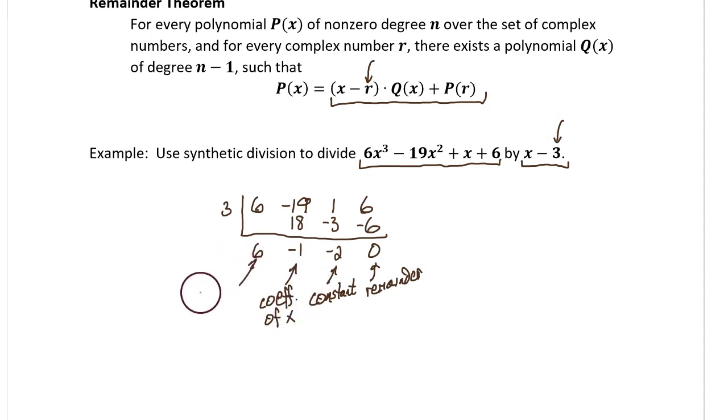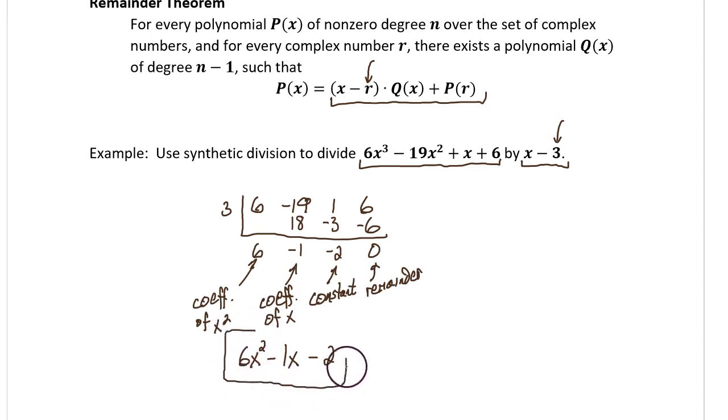And this number here will end up being the coefficient of x squared. So here comes our answer. 6x squared minus 1x minus 2. And then if the remainder is 0, you don't have to put anything down on the end. We have divided the original polynomial by x minus 3, and we did not do it with long division. Instead, we used synthetic division, or the other day we called that synthetic substitution.